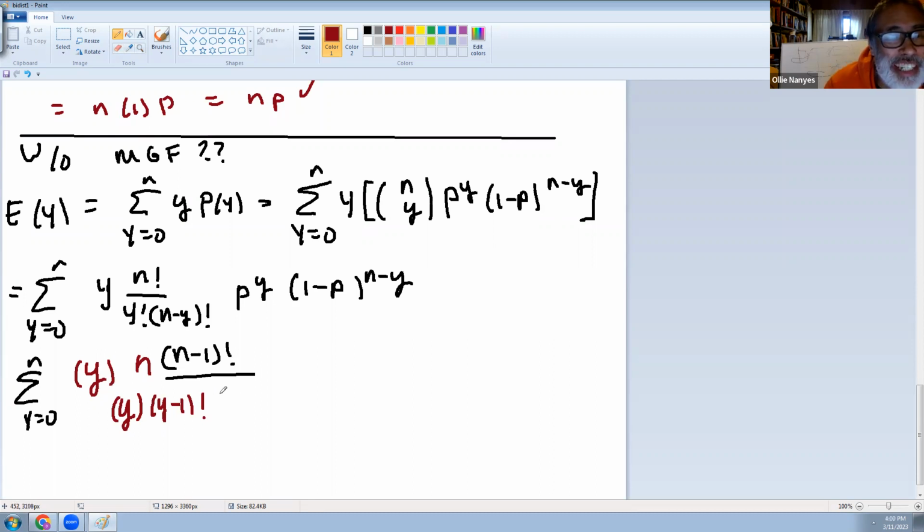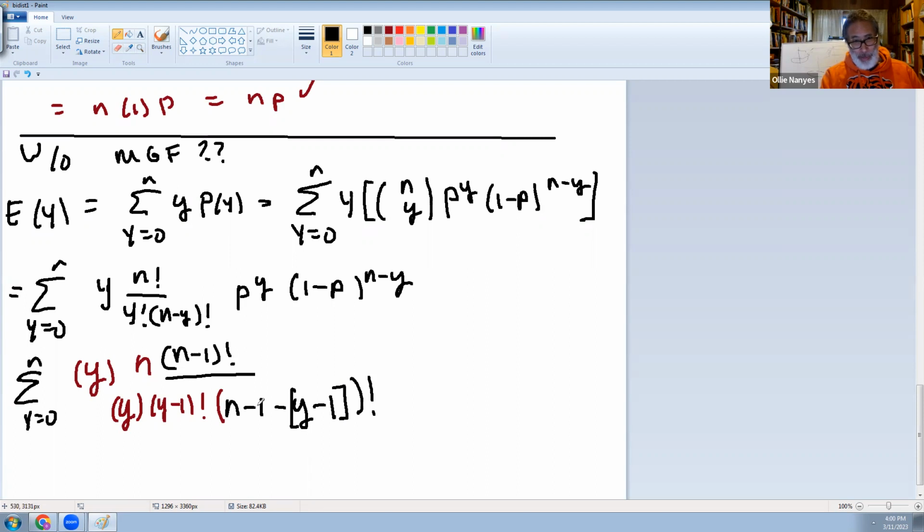Now watch this trick here. I have this n, and I'm going to take 1 away. I'm going to take this y. To compensate for subtracting a 1, I'm going to add a 1. But the way I'm going to add a 1 is that I'm going to subtract a negative 1 like so.